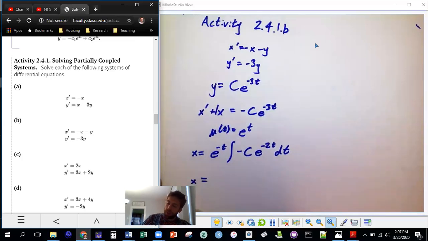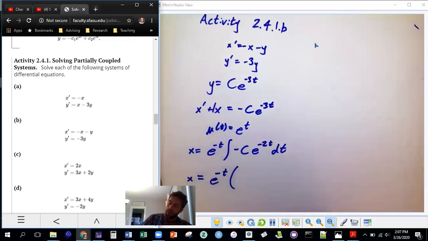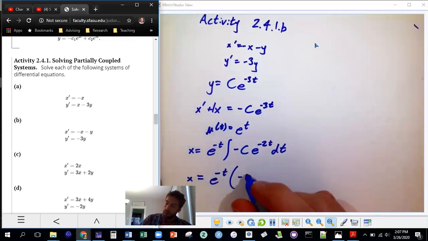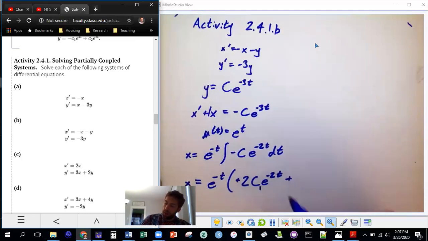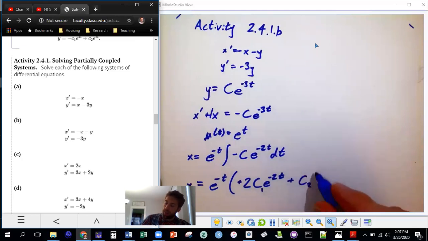So x equals e to the negative t times negative, so positive 2c e to the negative 2t plus, we'll call that c1 plus c2.